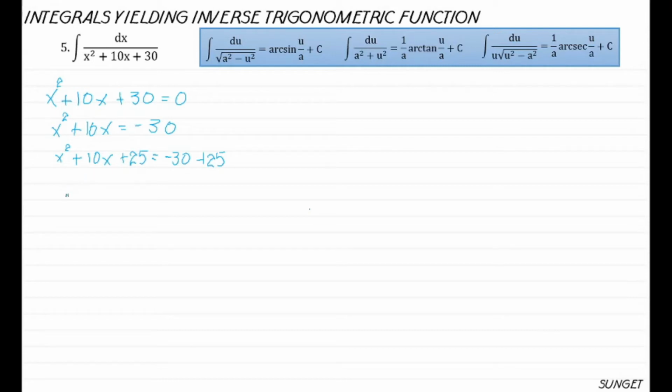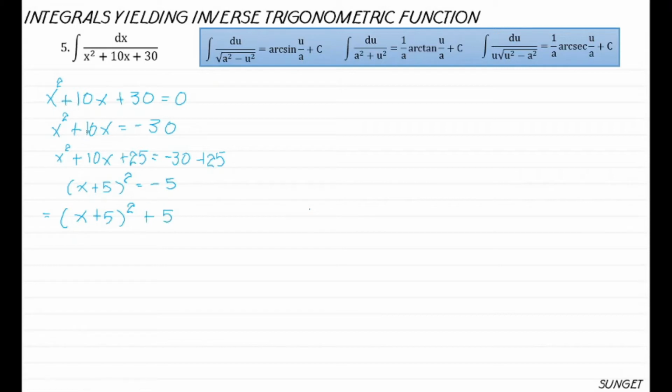So we can transform it into a square of a binomial. So (x plus 5) squared equal to negative 30 plus 25, so negative 5. Then transpose, we have (x plus 5) squared plus 5.